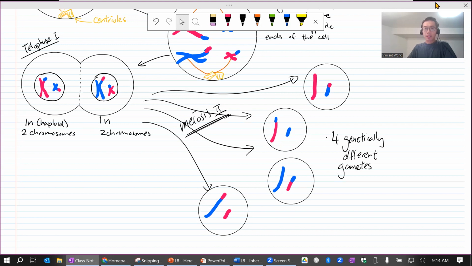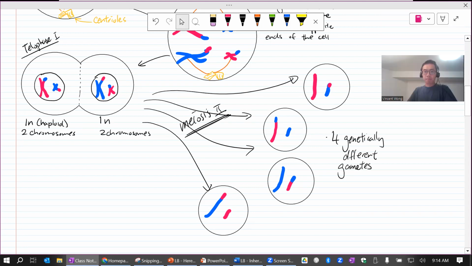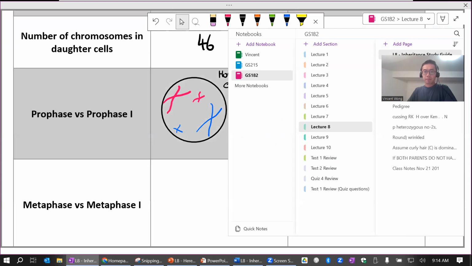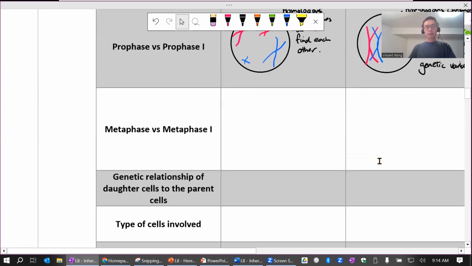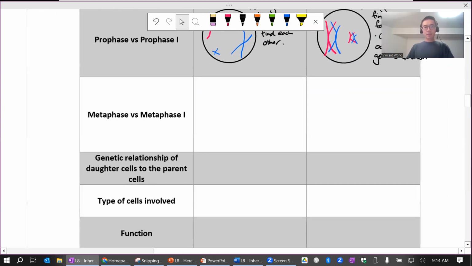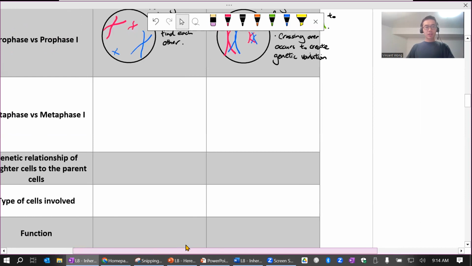Okay, I want to go back to the table and finish it. So metaphase versus metaphase 1.